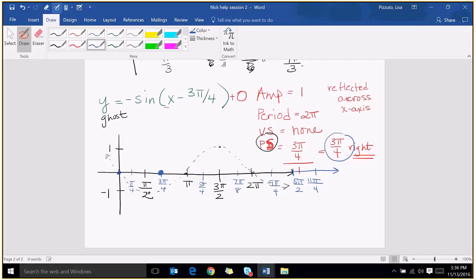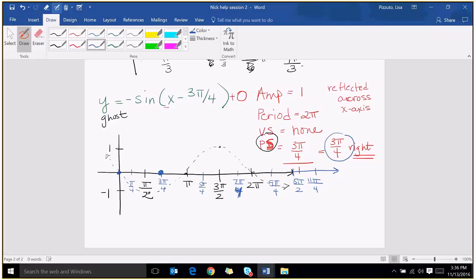Wait, why is it 7 pi over 8 and not 4? It should be 4. I didn't even say 8 out loud, did I? And I wrote 8. Sorry about that. They're all 4s. 9 pi over 4.